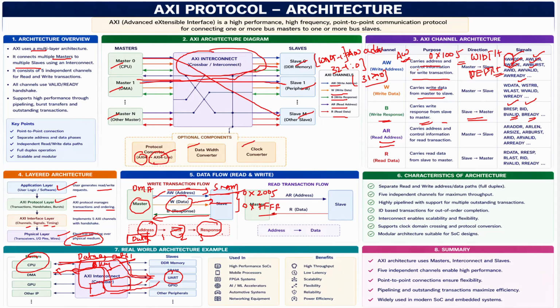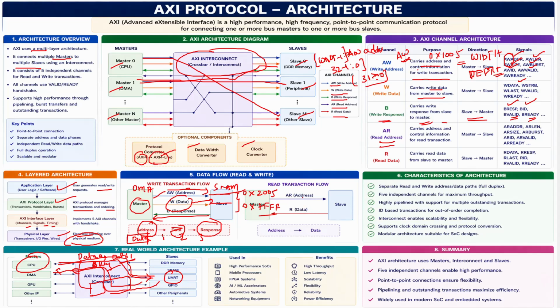And in the response phase, the slave responds that the data you sent was received. The master sends the data and the slave receives it, then the slave needs to respond accordingly about what type of data it received. Only then does the master know that its data was received by the slave successfully.